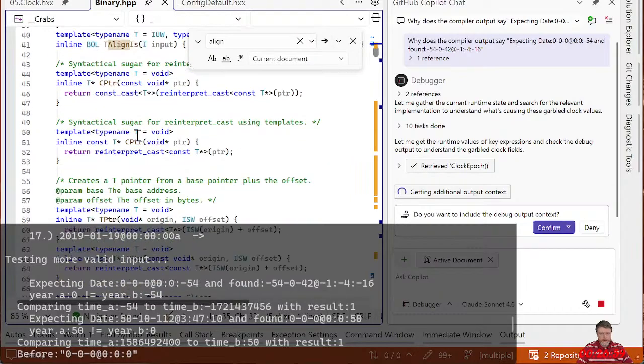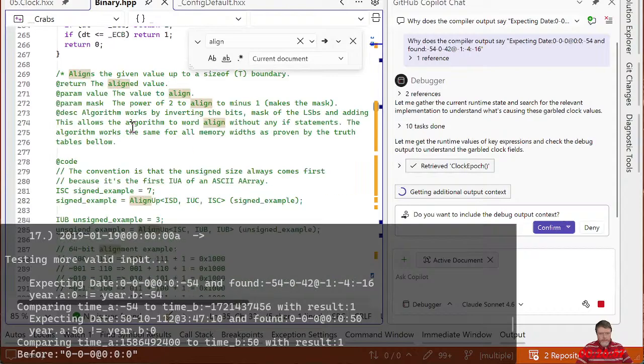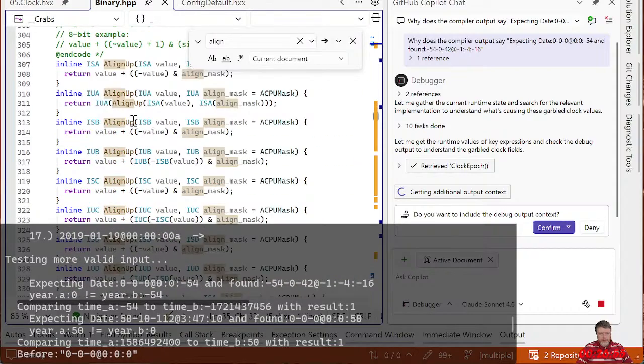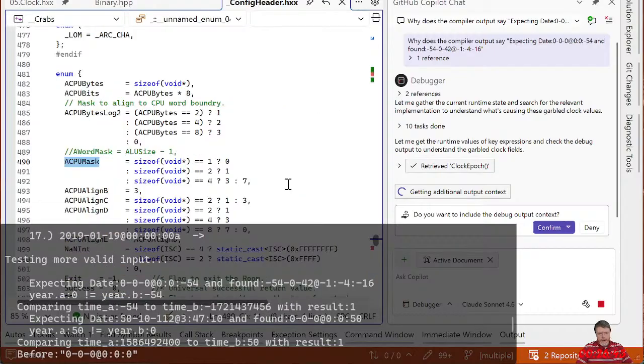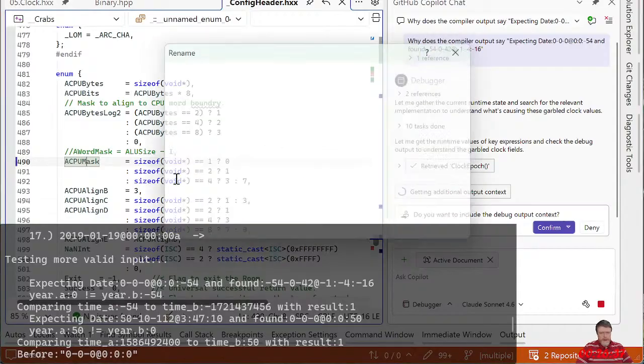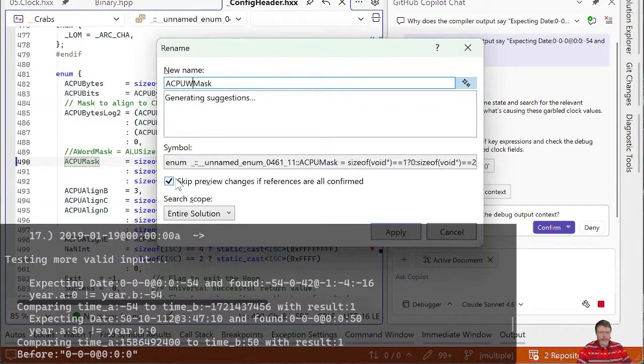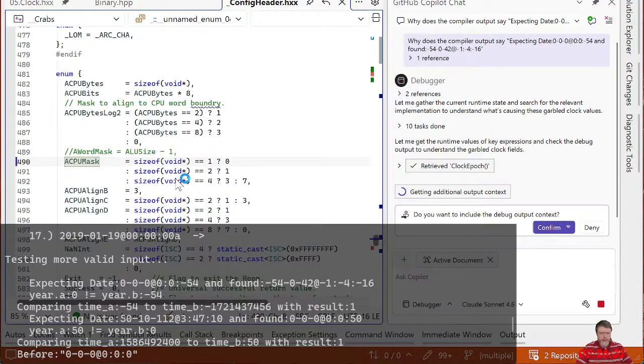T is aligned. Align up. A CPU ALU mask. A CPU mask. What is this? Okay, so this is, I'm gonna call it a CPU word, because that just did not.